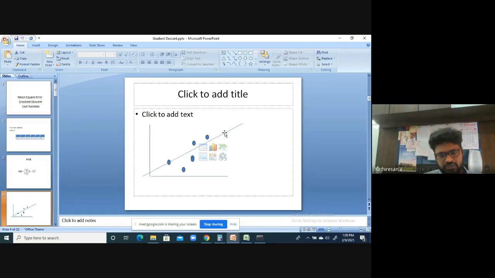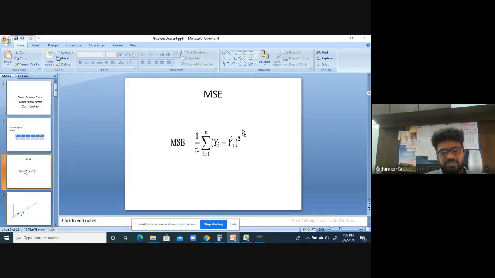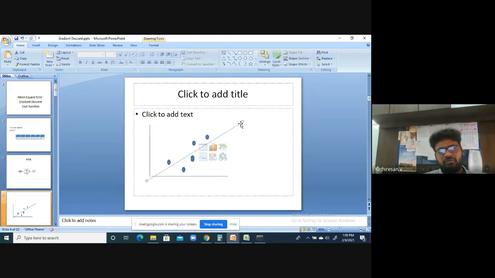If the data distribution is like this, we have to find the line which is perfectly fitting this data distribution, in the sense of minimum error, minimum MSE. MSE is nothing but mean square error. That is our intention, and in order to do that we are using the gradient descent algorithm.